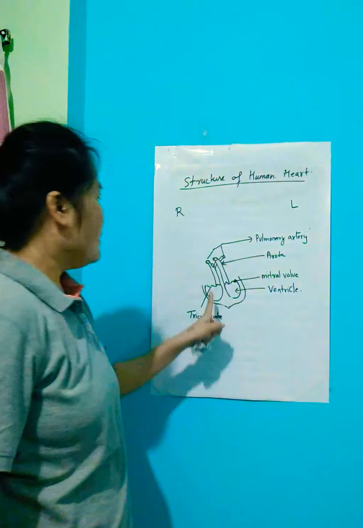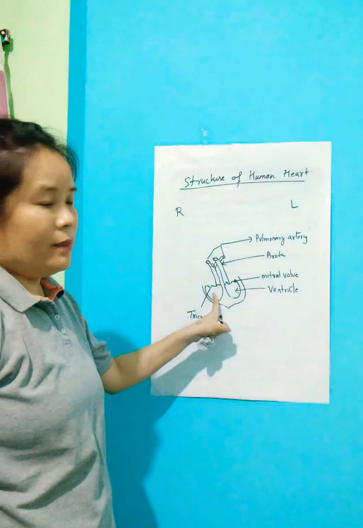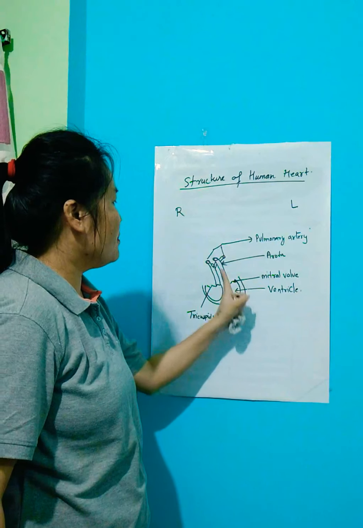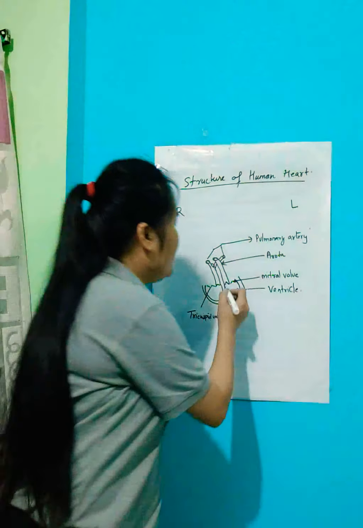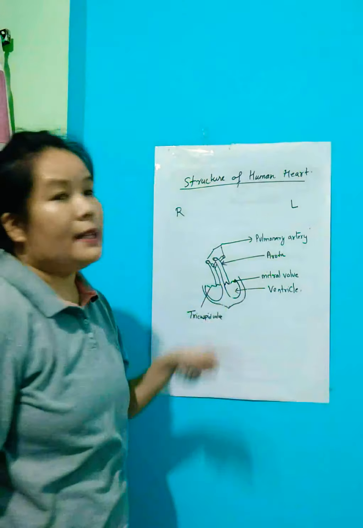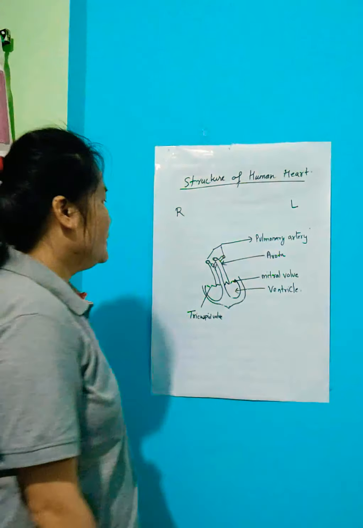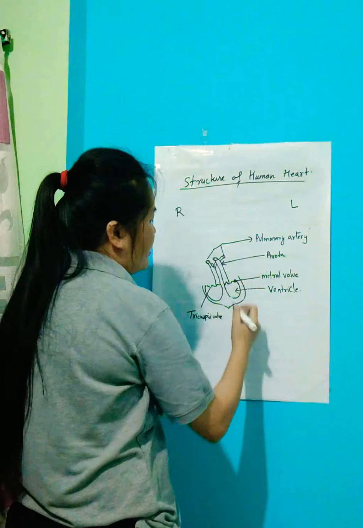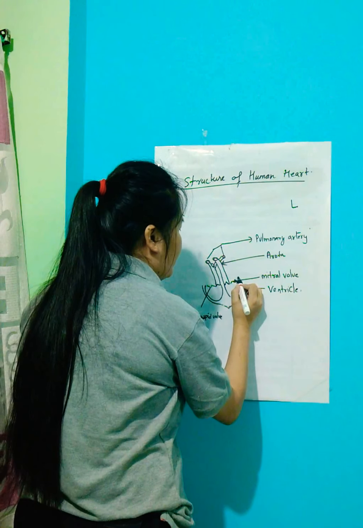The right ventricle opens to the pulmonary artery, whereas the left ventricle opens to the aorta, with the valve known as the semilunar valve. Now, the upper chamber compared to the lower chamber is thin walled.